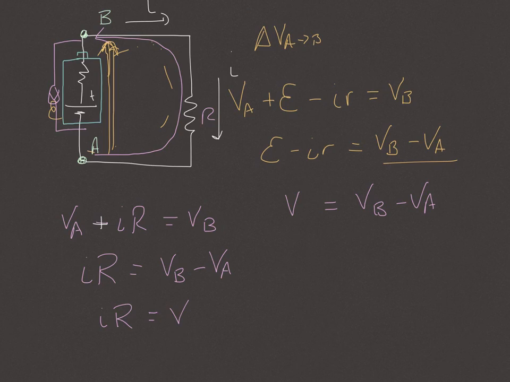If we compare these two equations, we know that here the potential difference is equal to V, and here the V is equal to IR.